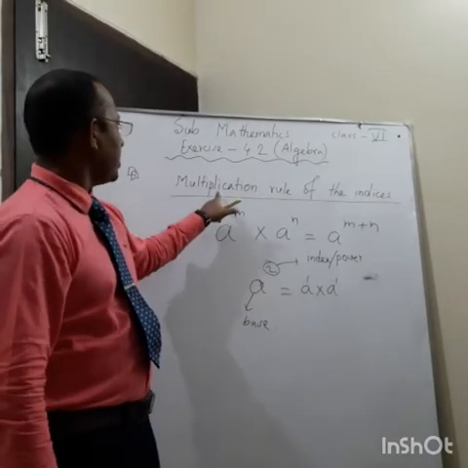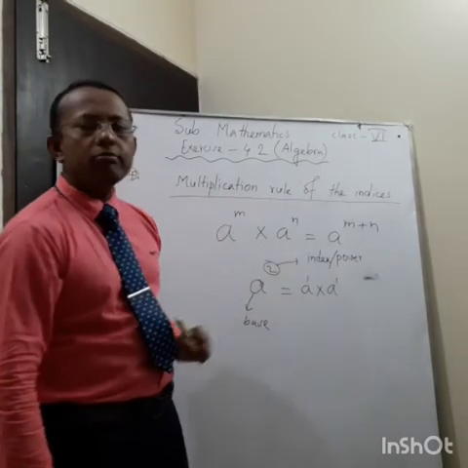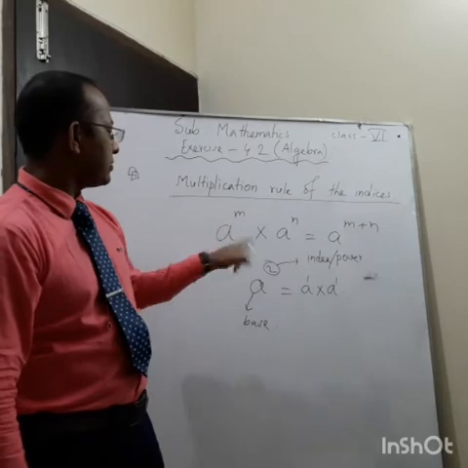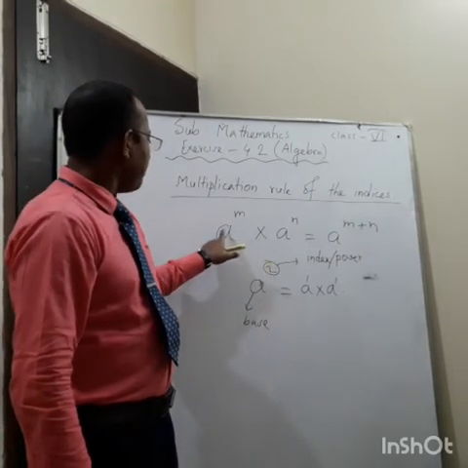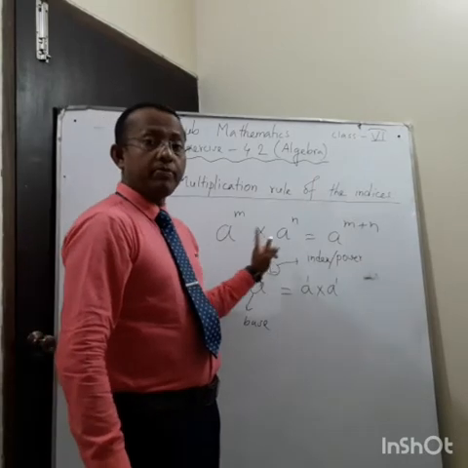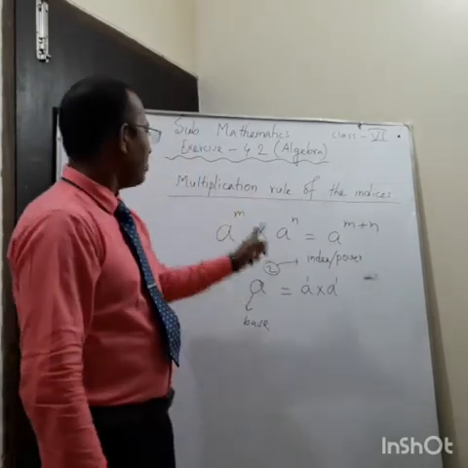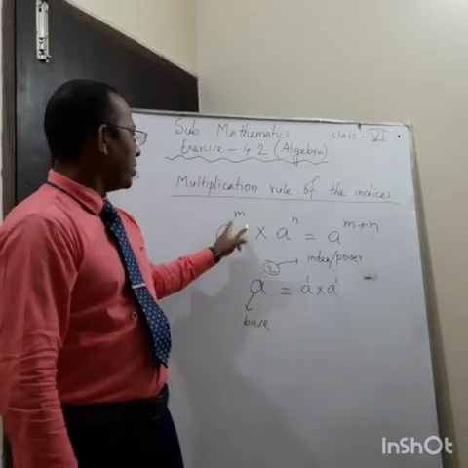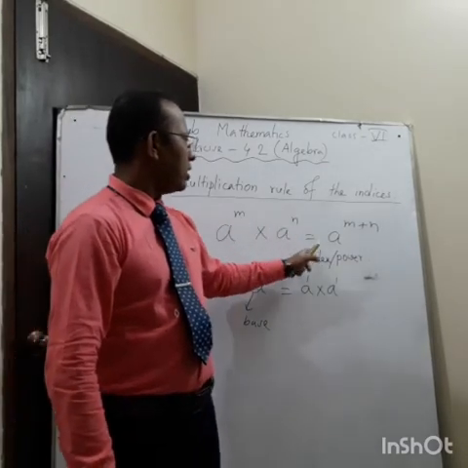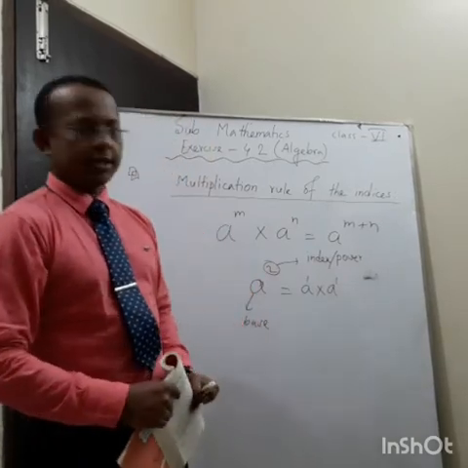Now, the multiplication rule of the indices: in case of multiplication, if the bases are the same, the powers will be added. So, a to the power m into a to the power n equals a to the power m plus n.